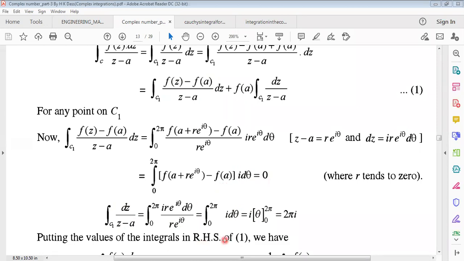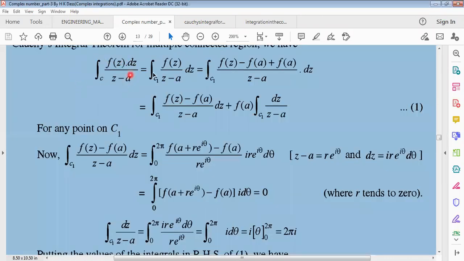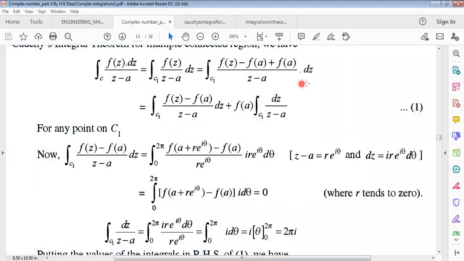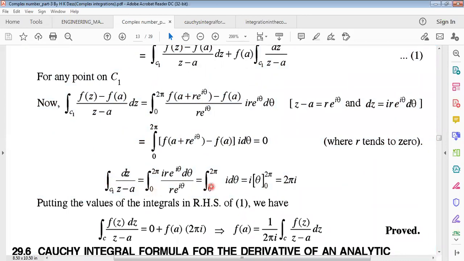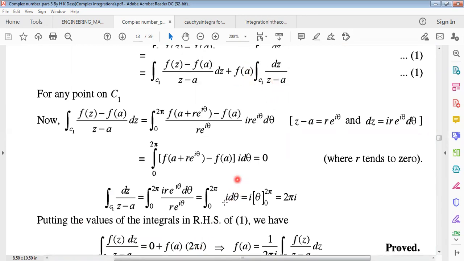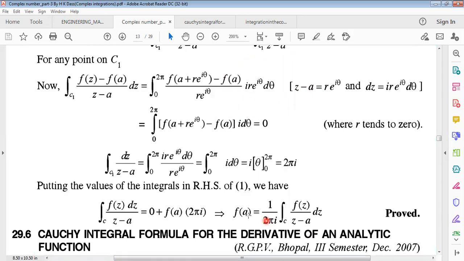Putting the values of the integrals in the right hand side of equation 1, the left hand side is this, and this is the right hand side. So this equals 0 plus f(a) times 2πi. So f(a) will be this, and 2πi will be this.